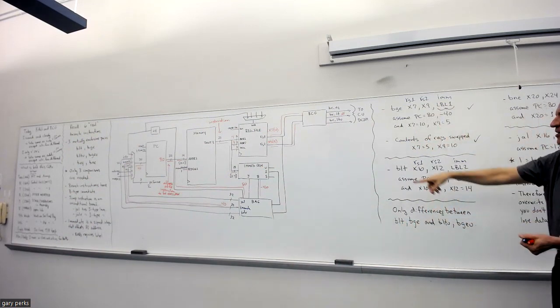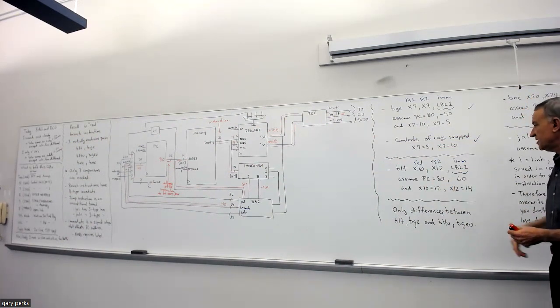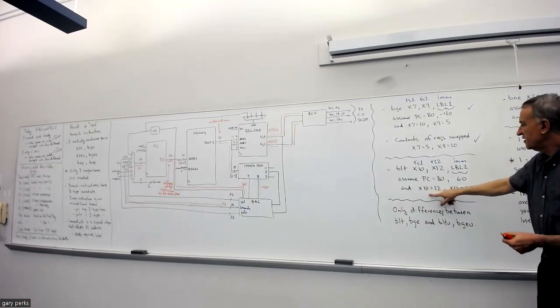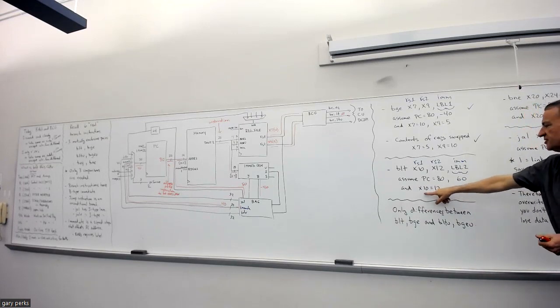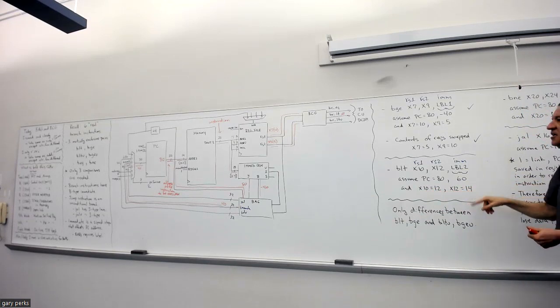Now we're going to assume that we start at the same program counter output, this address of 80. We're going to use a value of 60 for the immediate. In register 12 is contents 12, in register 10 we have contents 12, in register 12 we have contents 14.